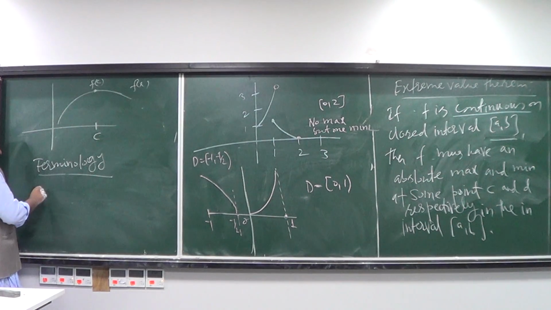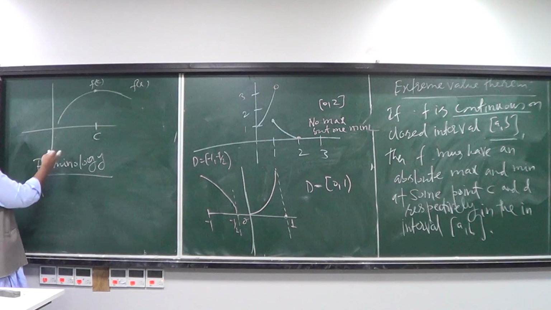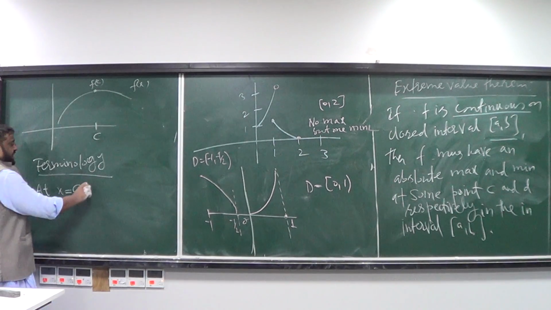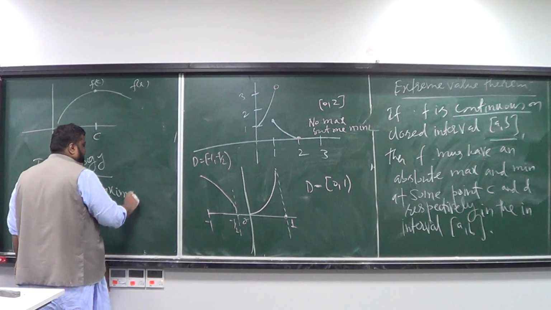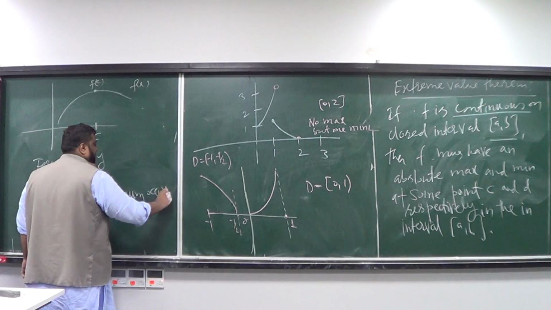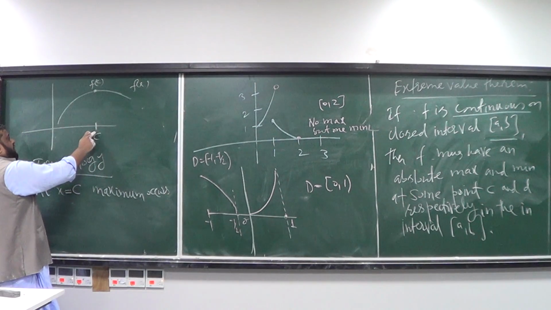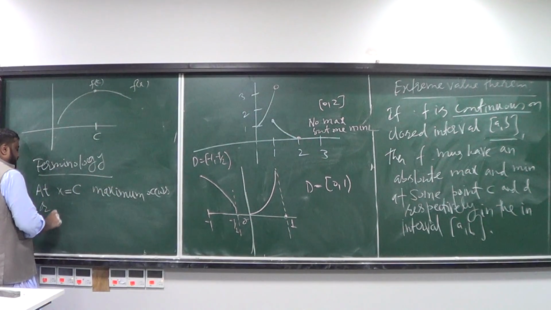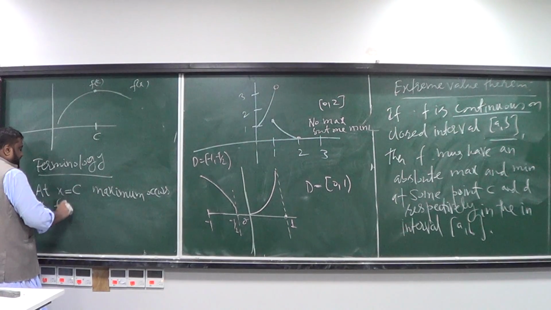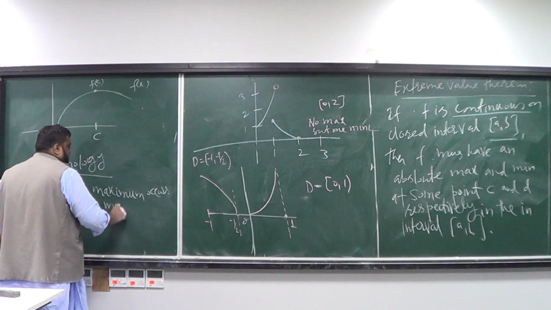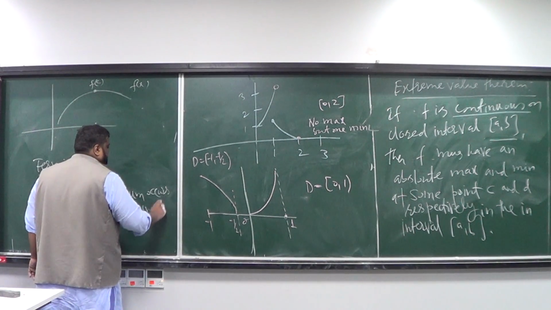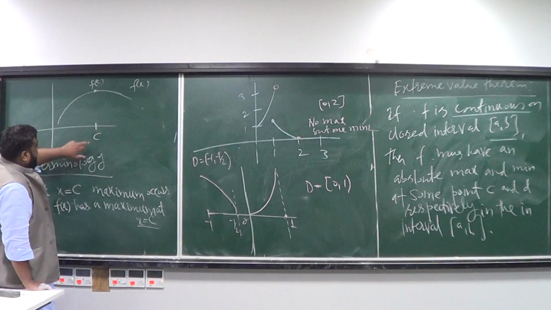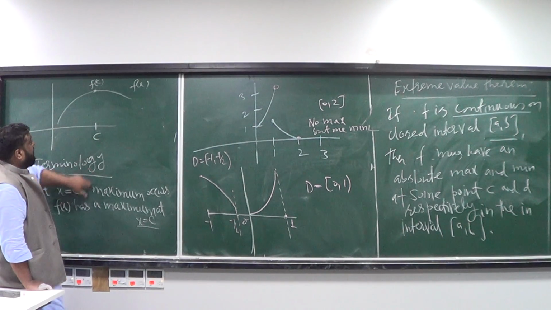I'm going to read it as: at x equal to c, a maximum occurs. So the inputs where our maximum occurs, I'm going to say that at x equal to c, the maximum of the function occurs.